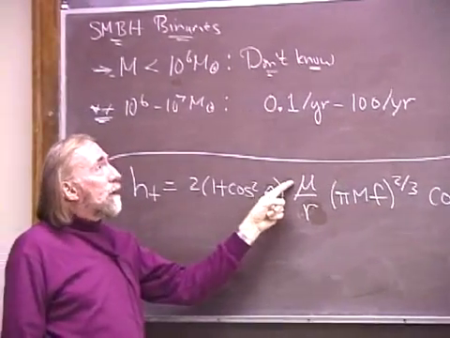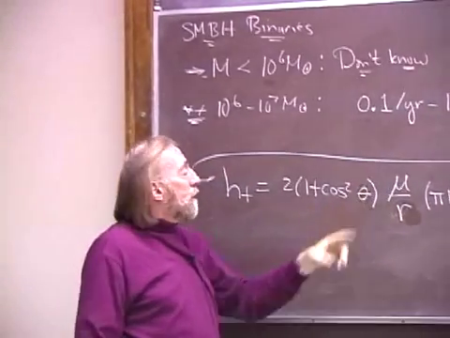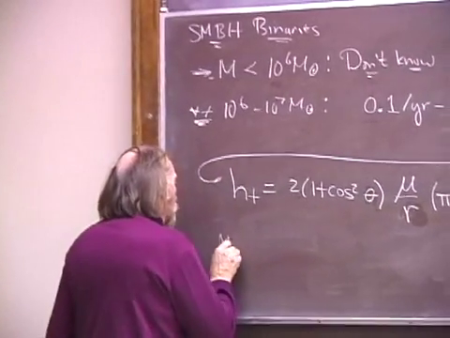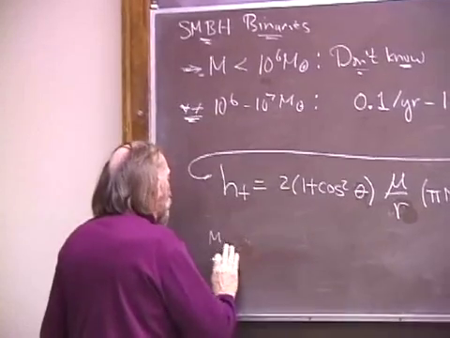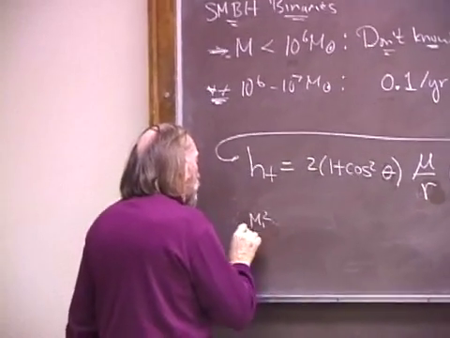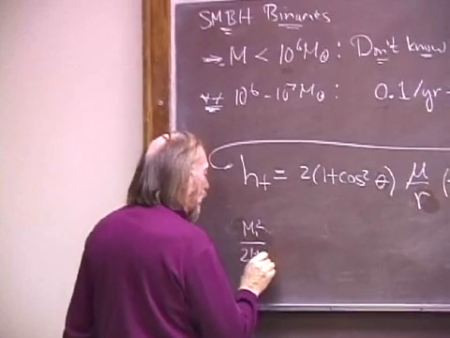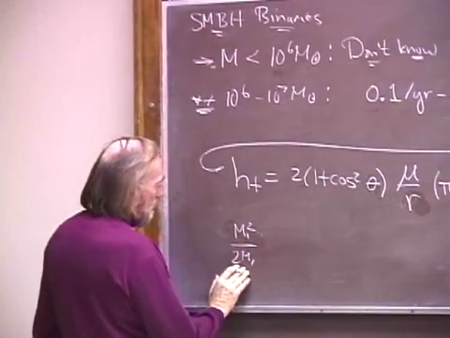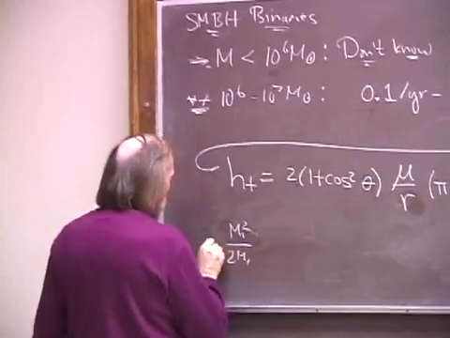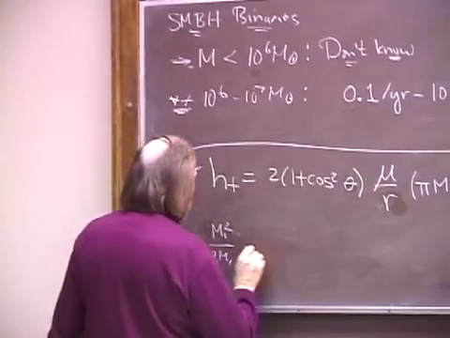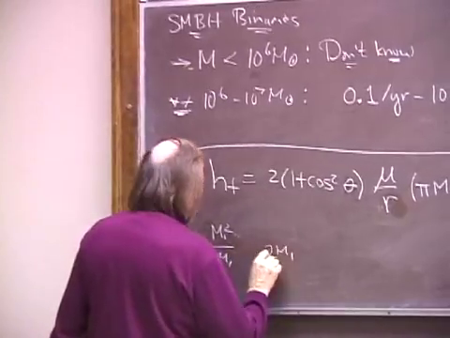No, it would be m1 m2 over m1 plus m2. It would be m1 squared over 2 m1. So it would be 1/2 for mu, and the total would be 2 m1.